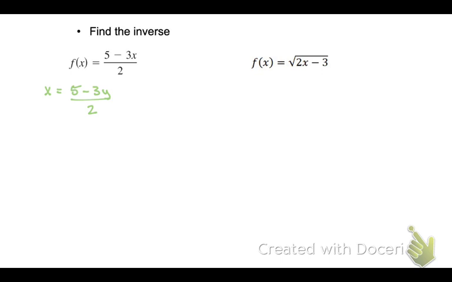Carson's trying to multiply by 2. Always get rid of that denominator, right? So you should get 2x minus 5 over 3.